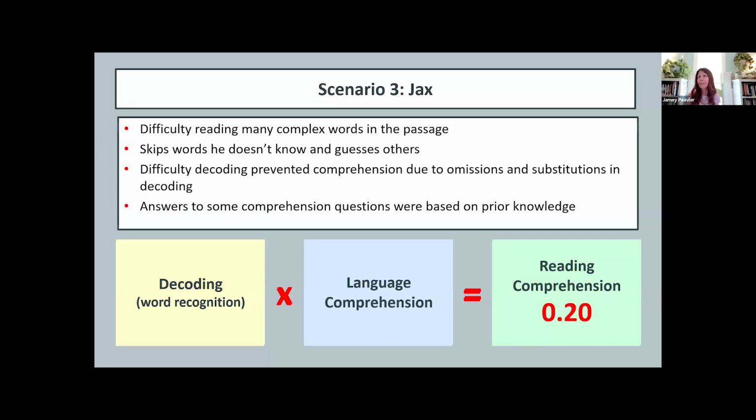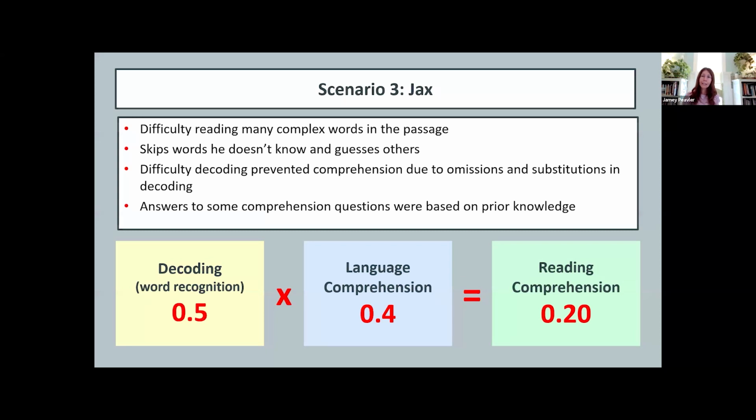He also was in the habit of skipping words and guessing words, and didn't comprehend, but it appeared that his comprehension difficulty was more related to his inability to decode. So Jack has some concerns in both areas, although we suspected that the comprehension score would have been higher if the decoding challenges weren't present. But again, these three students were in the exact same group because their composite score was used to identify that they had similar needs.